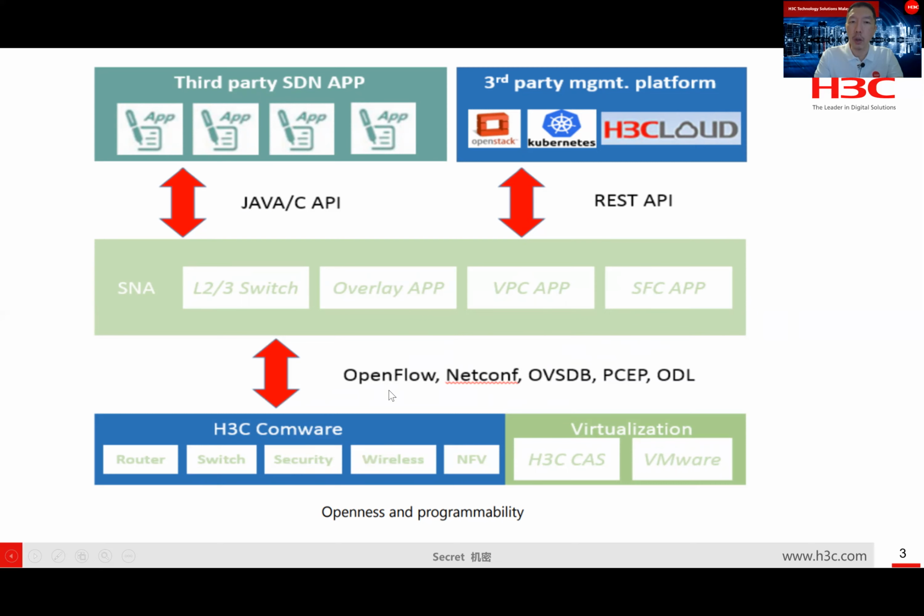We are using OpenFlow, NetConf, and some standard protocols. So our SNA architecture provides a very open and flexible architecture to manage the infrastructure layer, with openness and also programmability. At the same time, on top, H3C provides our Cloud OS, and we also provide our API to integrate with other SDN apps.